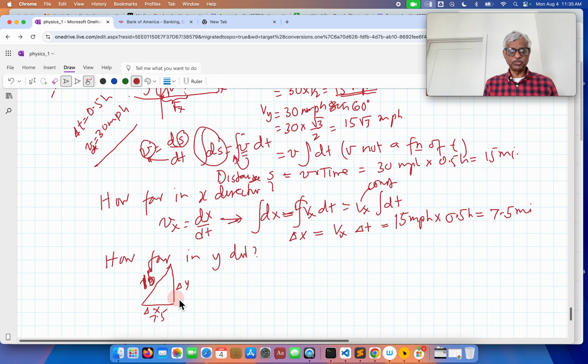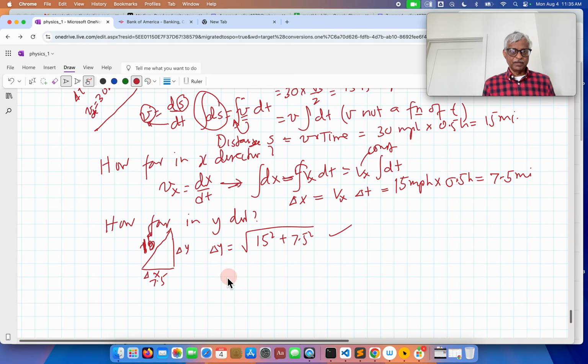So it doesn't matter what the angle is. Delta y will be the square root of 15 squared plus 7.5 squared. So you can do it this way, or you can do it this way.